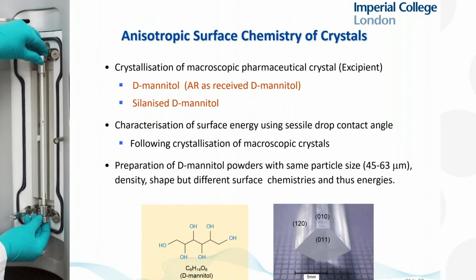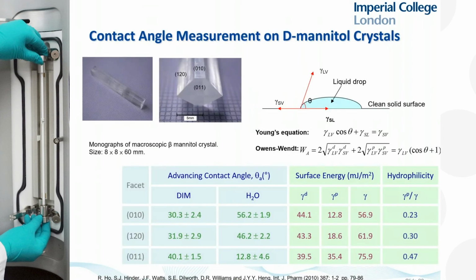The different crystal phases are shown, and we'll see later on that those different crystal phases have different concentrations of hydroxyl groups. That affects the shape and aspect ratio of those crystals, and we'll see that in some of the chemistry we're going to explore a little later. We took some of these large crystals and used water and diiodomethane, which are the standard ways to measure the contact angle and surface chemistry of a material, and put droplets on different crystal faces.